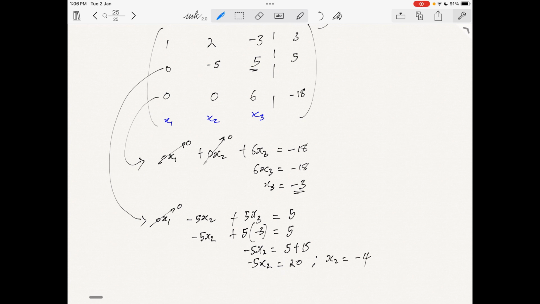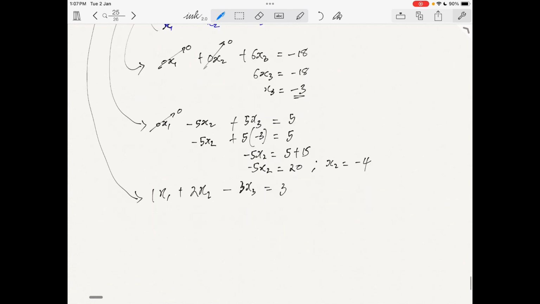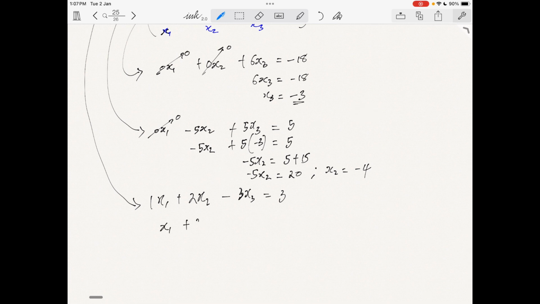Now, if we go back to row 1, remember the coefficient here is 1. That is 1x1. The coefficient here is 2, plus 2x2. The coefficient here is 3, minus 3x3 is equal to 3. So we can now solve x1 plus 2x2 minus 3x3 is equals to 3. x1 plus 2, my x2 is minus 4, minus 3, my x3 is minus 3, which gives us 3.